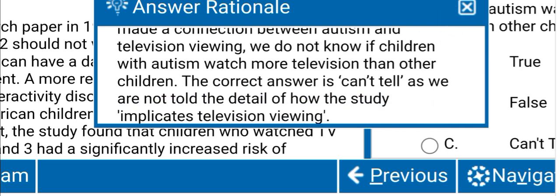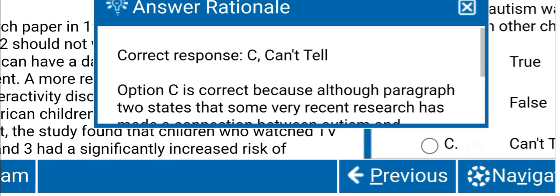The correct answer is can't tell, as we are not told the detail of how the study implicates television viewing.